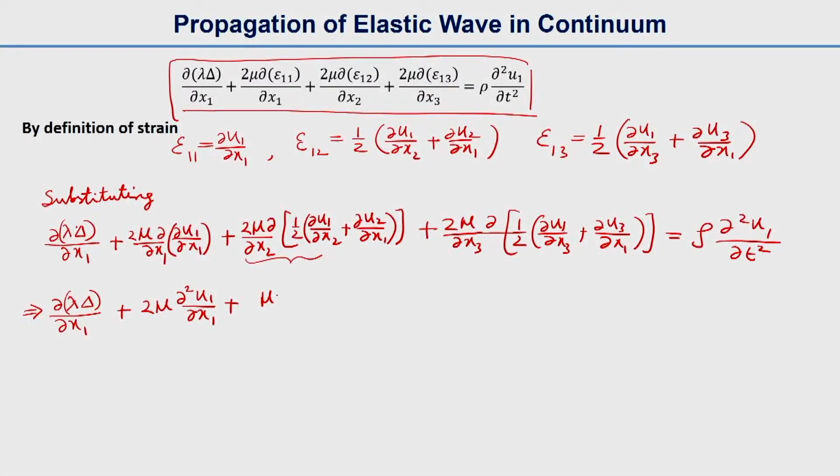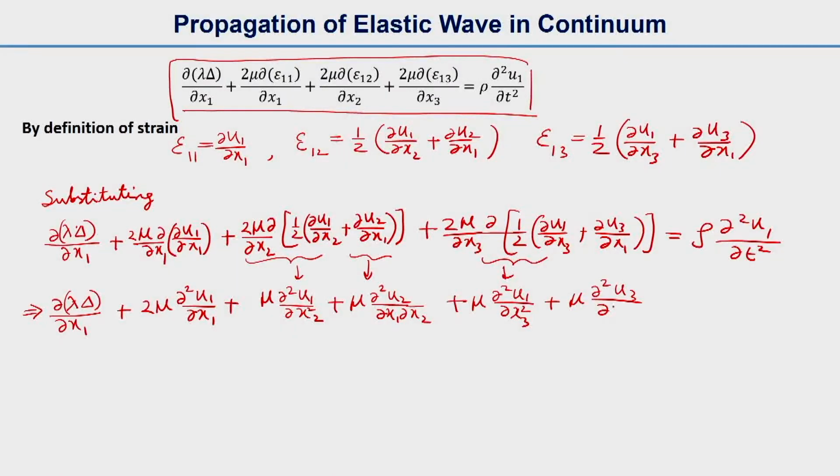So from this term we get mu times the second partial of u1 with respect to x2, and from this term we get mu times the second partial of u2 with respect to x1 and x2, plus from this term mu times the second partial of u1 with respect to x3, plus mu times the second partial of u3 with respect to x3 and x1, which will again be equal to rho multiplied by the second partial of u1 with respect to t.